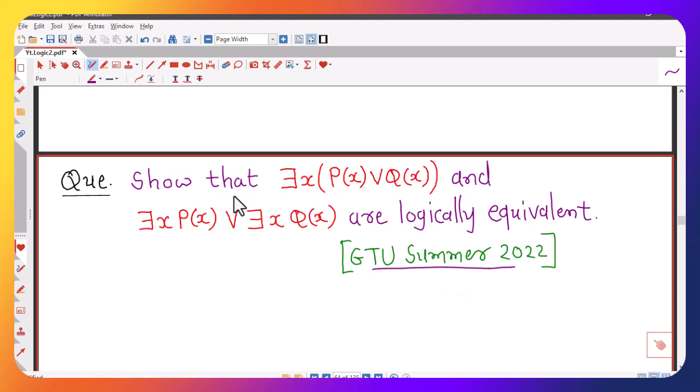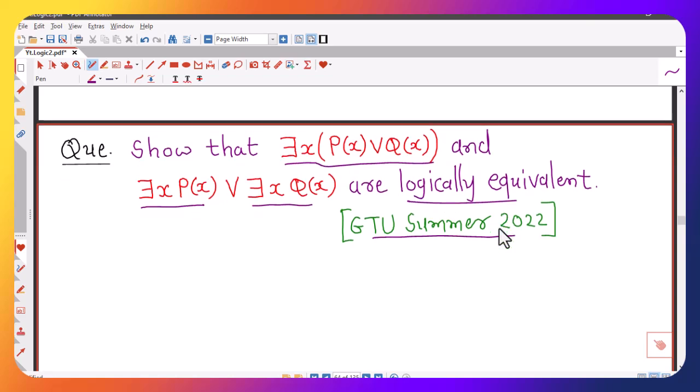Here we are asked to prove that there exists x such that px or qx, and there exists x px or there exists x qx, are logically equivalent.